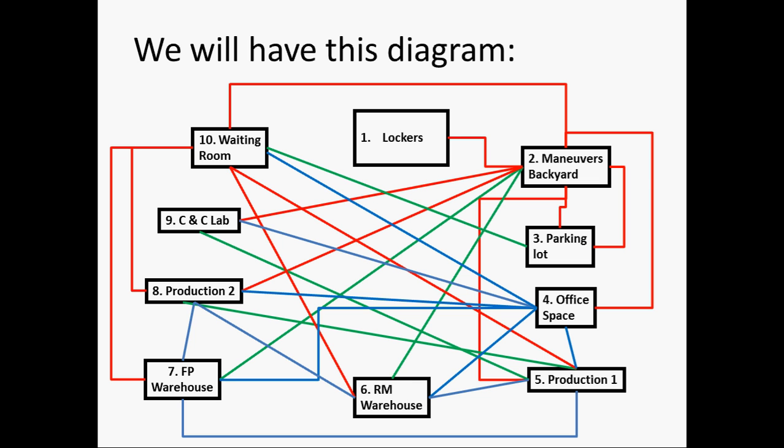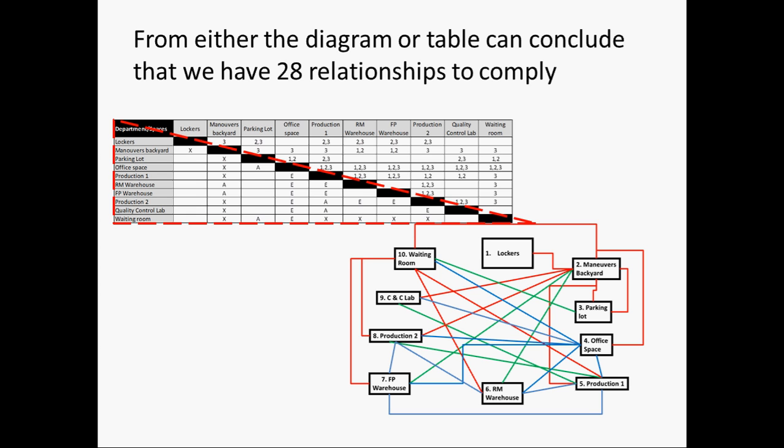This diagram is going to be useful in the design of the layout that we are later going to show. We can see the same information as in the table, but in a diagram form. From either the diagram or the table, we can conclude that we have 28 relationships to comply.